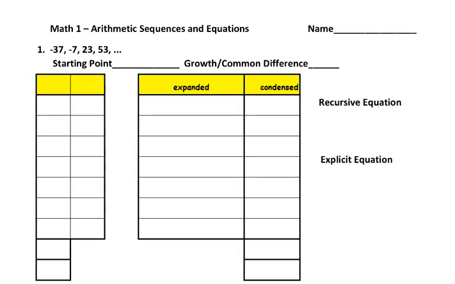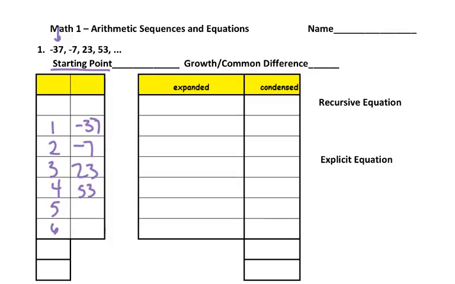Okay, do we know our starting point? If you put negative 37, you're wrong. Remember, that's our first term is negative 37. Our second term, negative 7, third term, 23, fourth term, 53, fifth and sixth term.